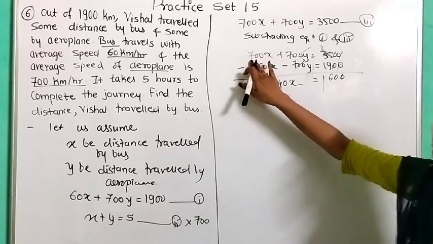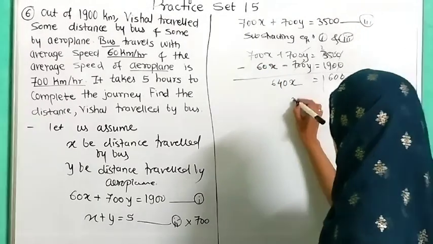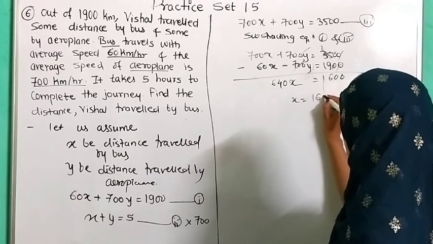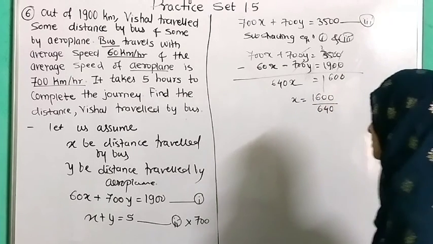If we subtract 60 from 700, then we get 640. So now see here, x is equal to 1600 upon 640.